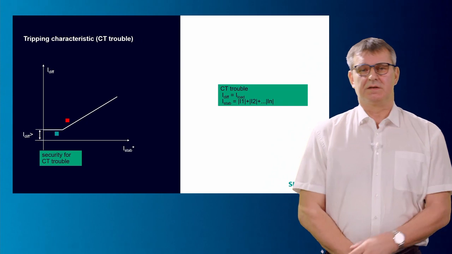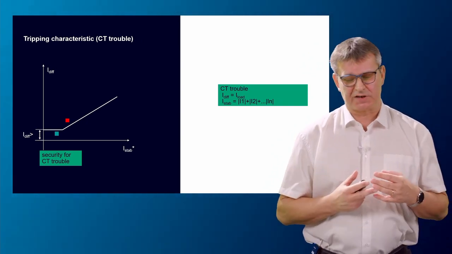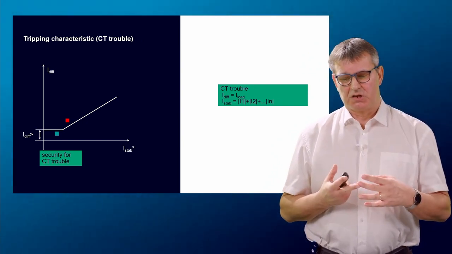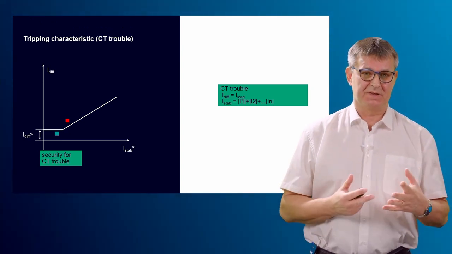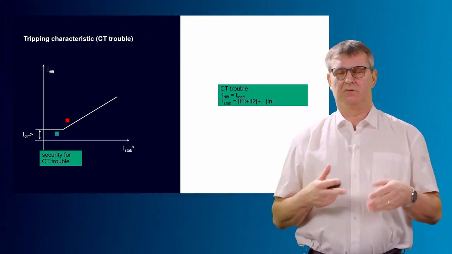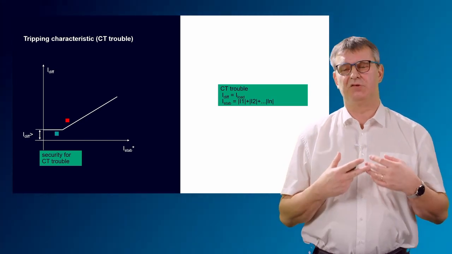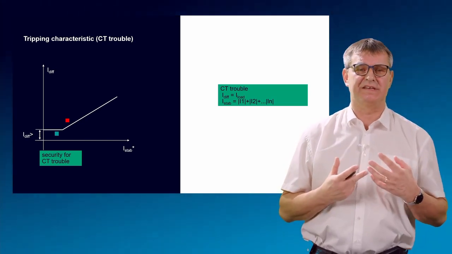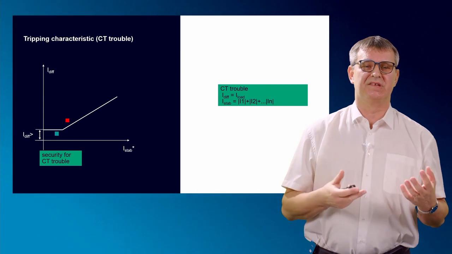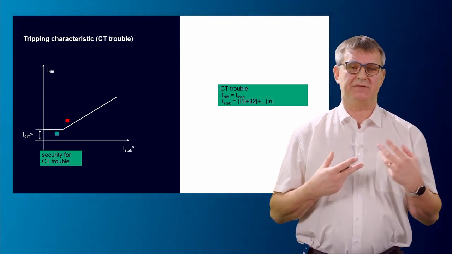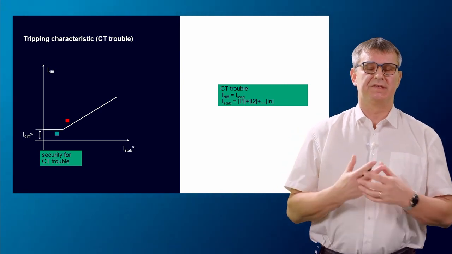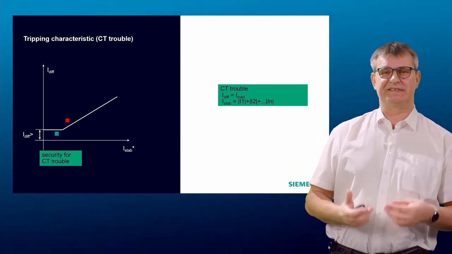But we say this minimum differential current threshold should be higher than the load current. But what happens if in parallel we have CT trouble, during a maintenance activity or anything else, we have lost the CT, everything is fine. We will have a differential current, but we will not trip because the minimum differential current threshold is higher.